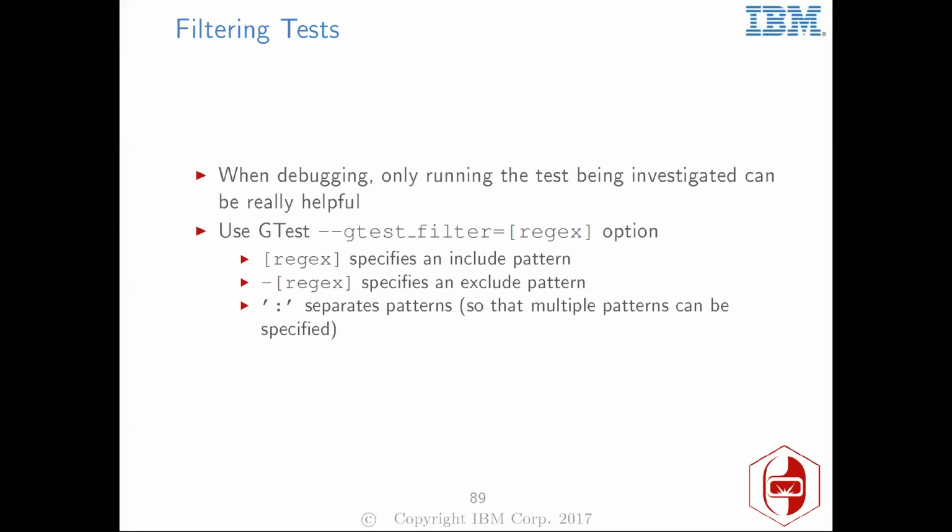It specifies a regular expression that, if specified plainly, will only execute tests whose names match the regular expression, or if you put a minus sign in front, it will execute all tests except for the ones whose names match the regular expression. You can also specify multiple patterns to match using the colon.